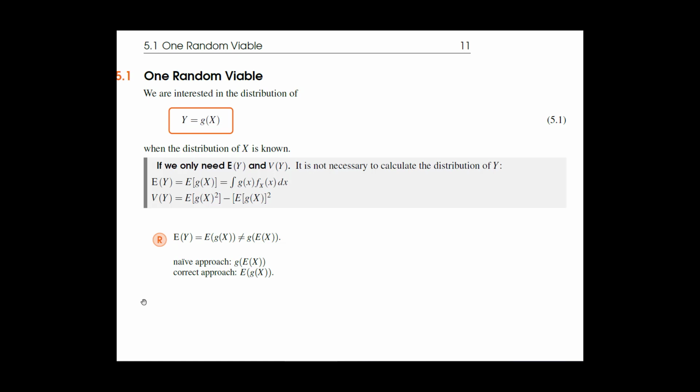There's a function g of x, y equals g of x, and we know the distribution of x. So we know the PDF or the PMF. The question is, what is the distribution of y? Many examples come to mind.